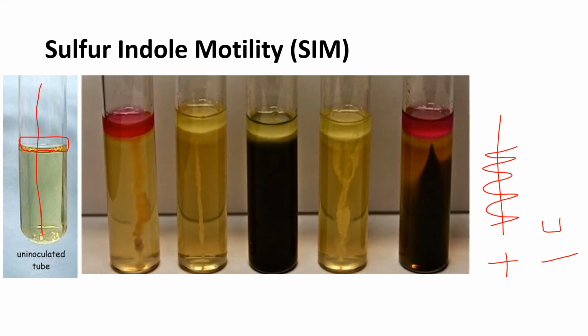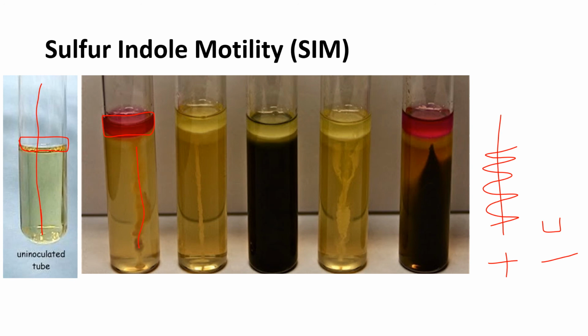Some possible results. So sulfur, indole, and motility. For this, the Kovacs reagent turns pink, so that is a positive. There's no blackening, so it's negative for sulfur, and it looks like the bacteria is pretty much non-motile.